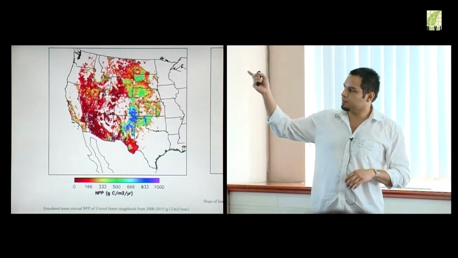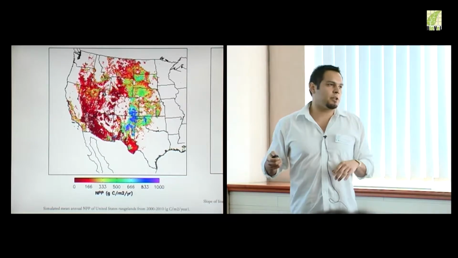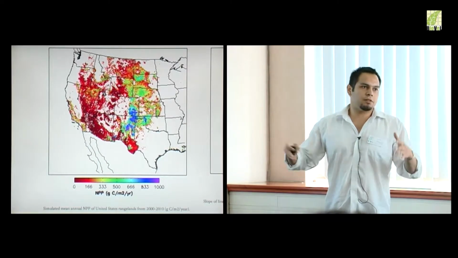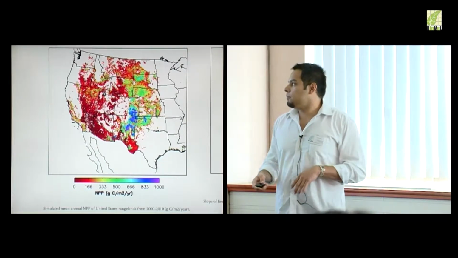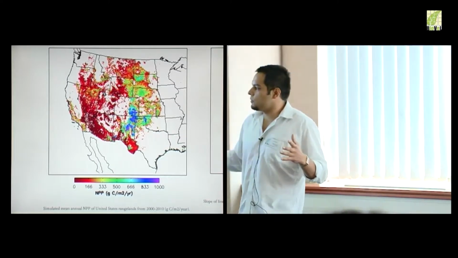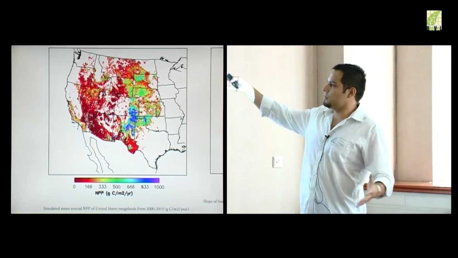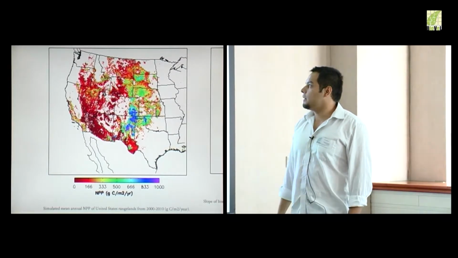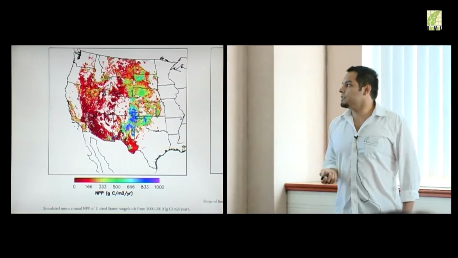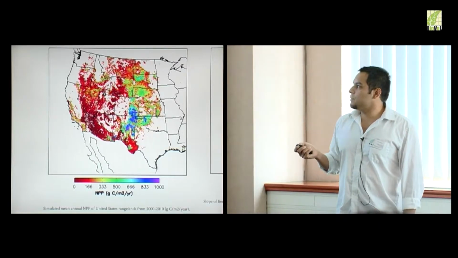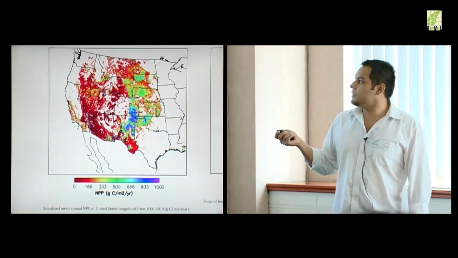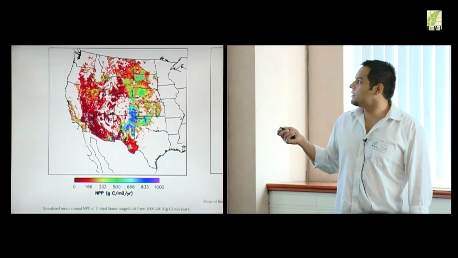And this is simulated net primary production of rangelands. So this is unmanaged grass and shrublands. And so one of the advantages of actually simulating spatially all of the whole area is that if you just simulate certain points in the different biomes, there's a lot of variation that you can miss in certain areas.